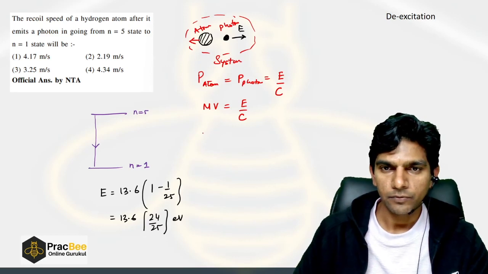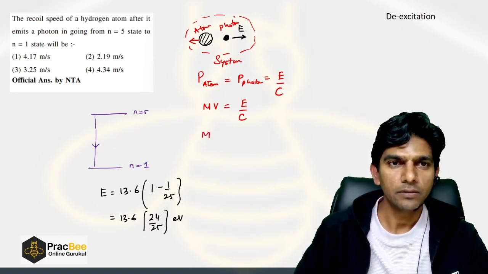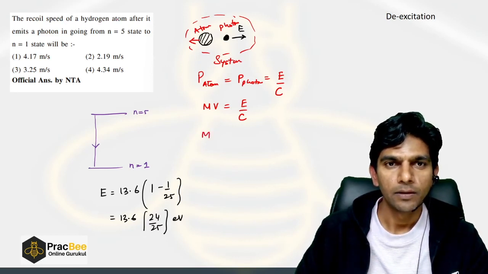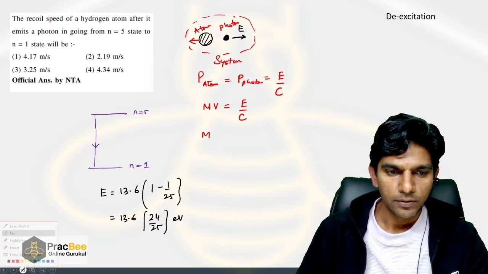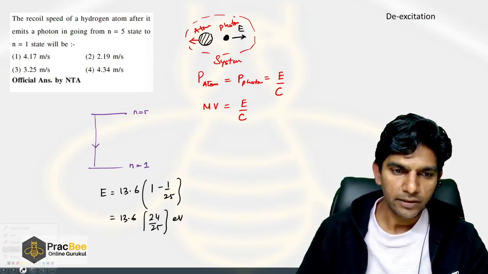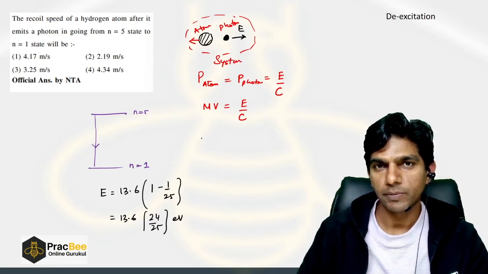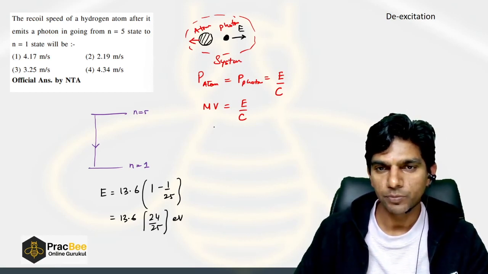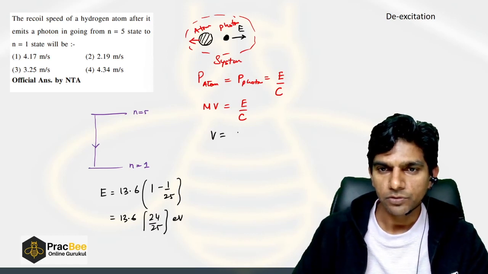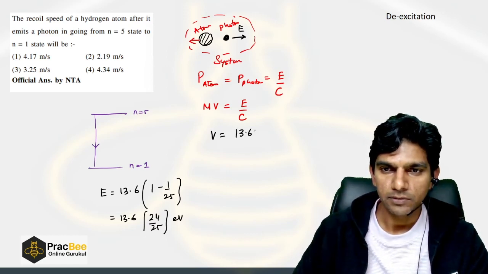And if we substitute the value, we need to find the recoil speed of the hydrogen atom. So in hydrogen atom, the mass of the hydrogen atom will be nearly 1.67 into 10 raised to power minus 27, which is nothing but the mass of the proton. So V is equal to 13.6 into 24 upon 25.